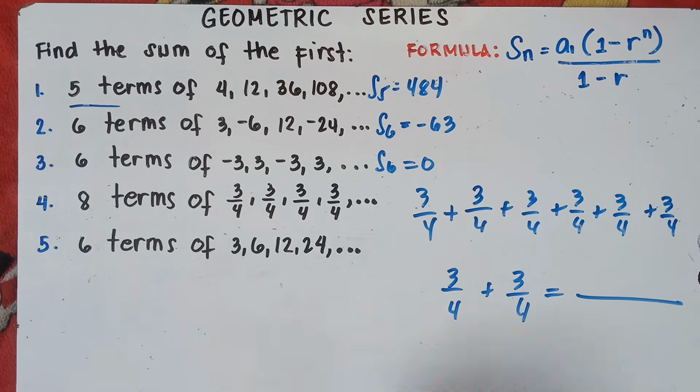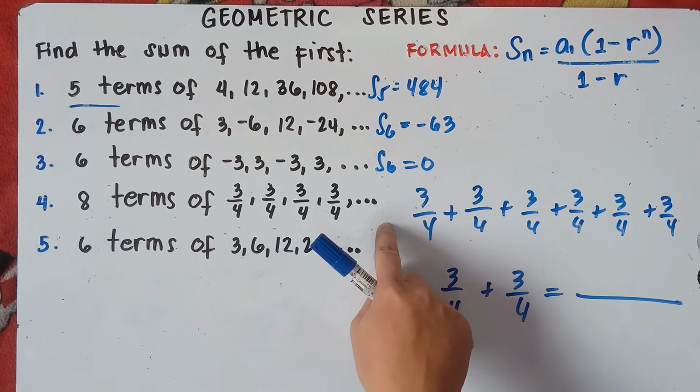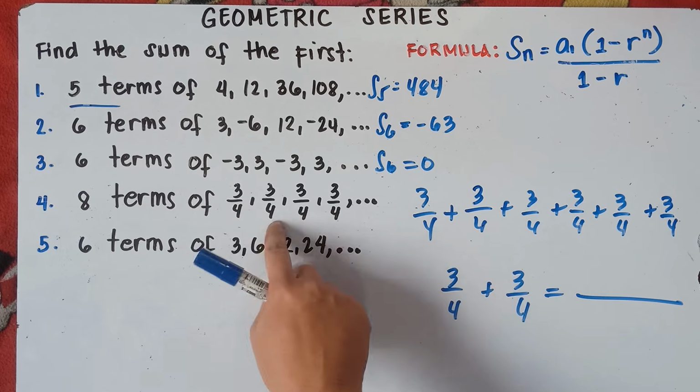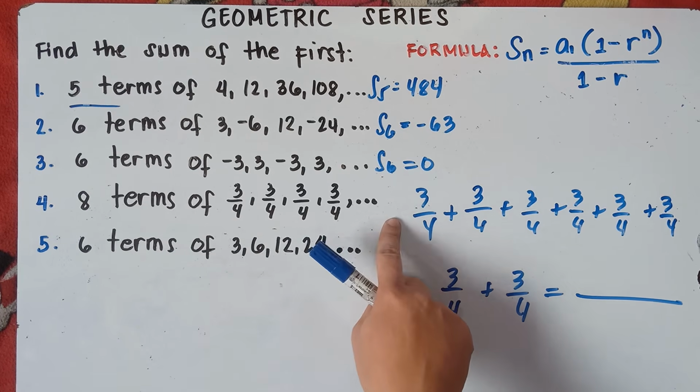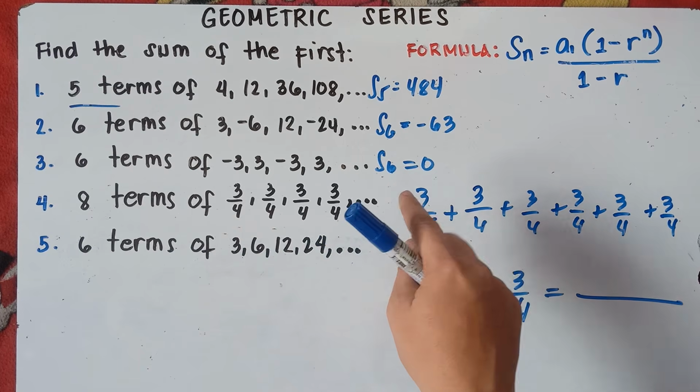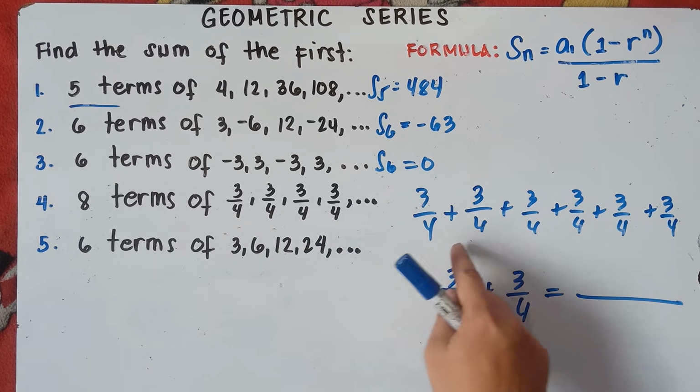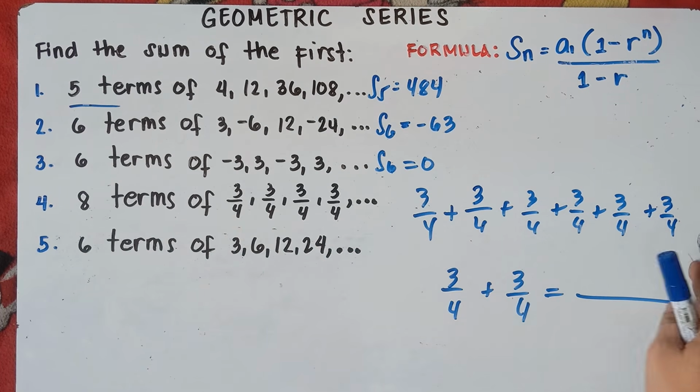Now in fractions, class, if they have the same denominators, the next number will be 3 over 4, 3 over 4, because the common ratio, class, is just 1. Okay, 1 times 3 over 4, that's 3 over 4. 3 over 4 times 1, that's 3 over 4. So that's why you have 3 over 4, the same numbers.